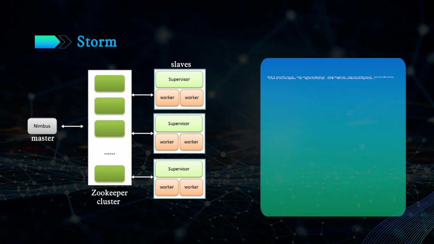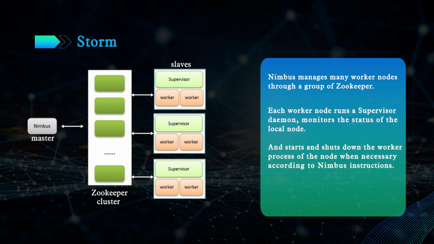Nimbus manages many worker nodes through a group of zookeepers. Each worker node runs a supervisor daemon, monitors the status of the local node, and starts and shuts down the worker process of the node when necessary according to the Nimbus instructions.